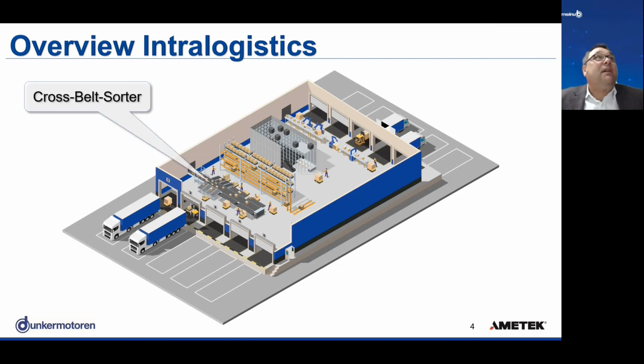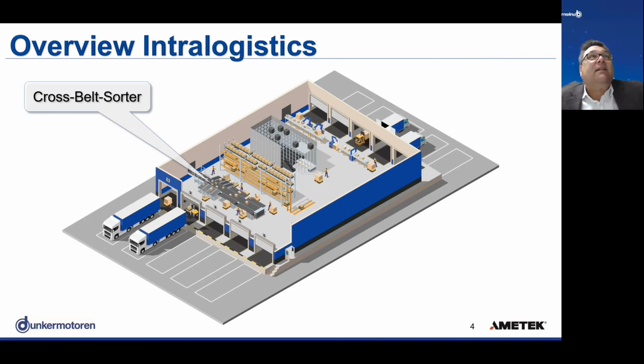Let us begin with cross-belt sorters. These are systems which divide or sort packages or trays to loading bays, to feed out cartons to other places where they need to be collected.